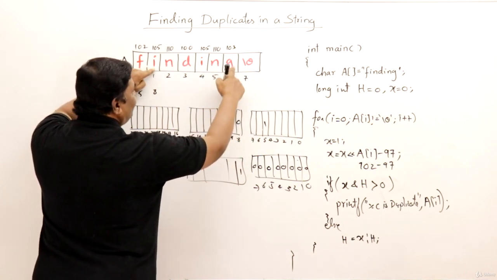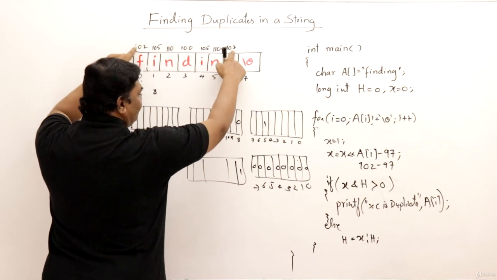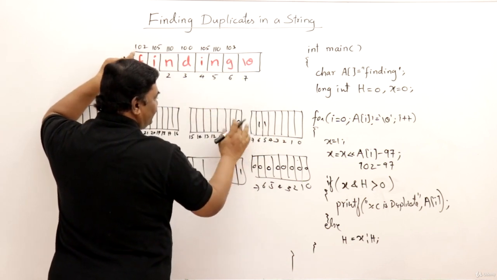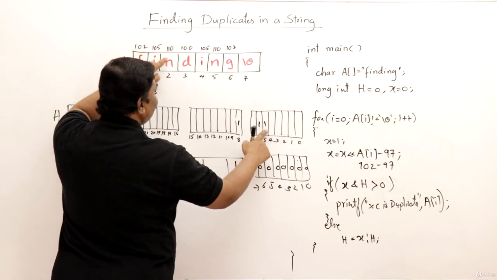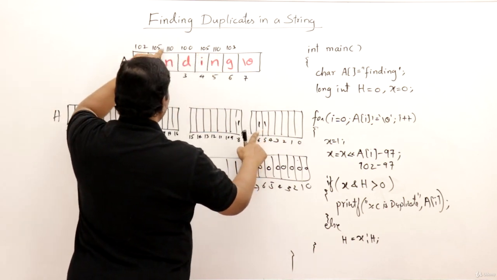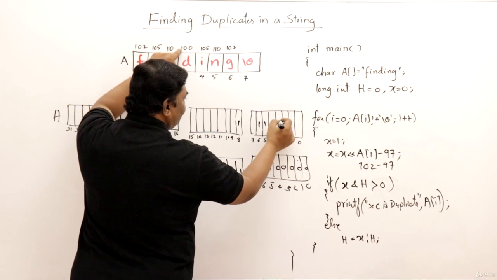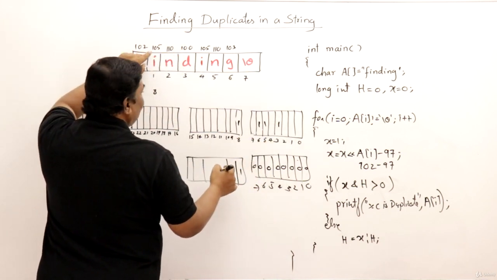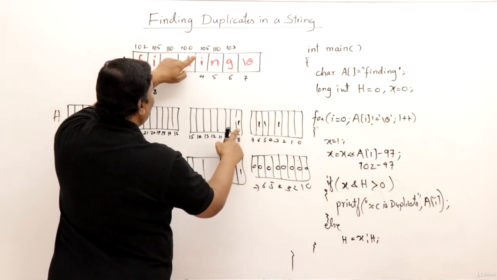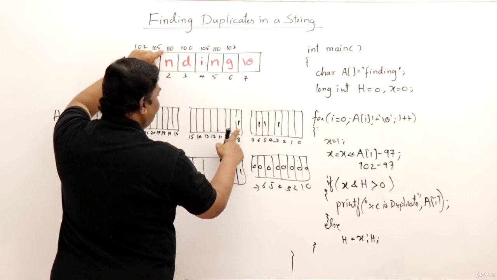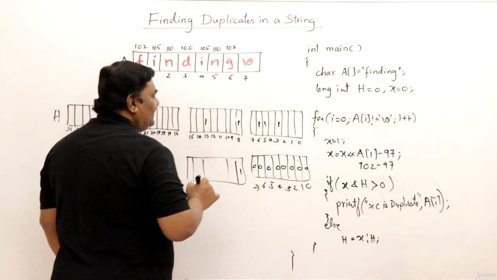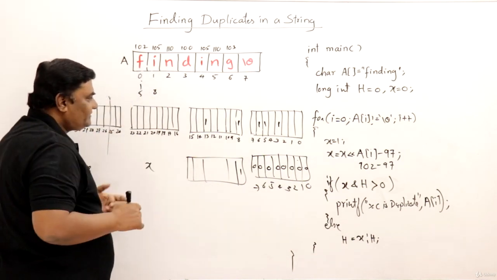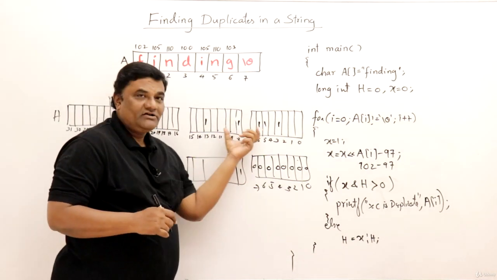For 103, the 6th bit is also set on. This is 102, this is 103, and this is 100, so this is also 1 for 100. Then 105 is already over. Then 110, 5, 6, 7, 8, 9, 10, so this is also on. The rest of them will all be zeros, and these bits will be set on.